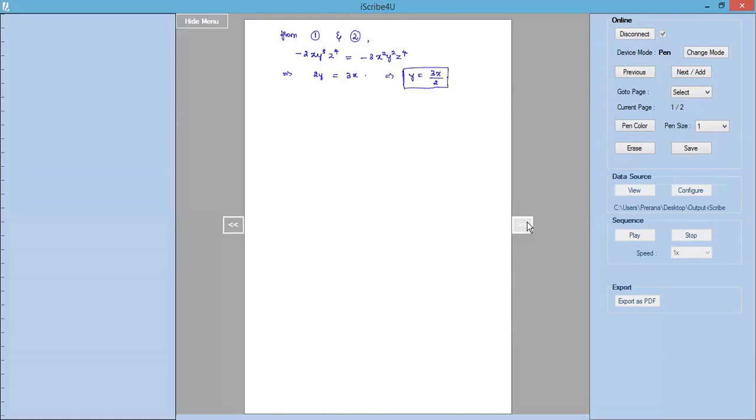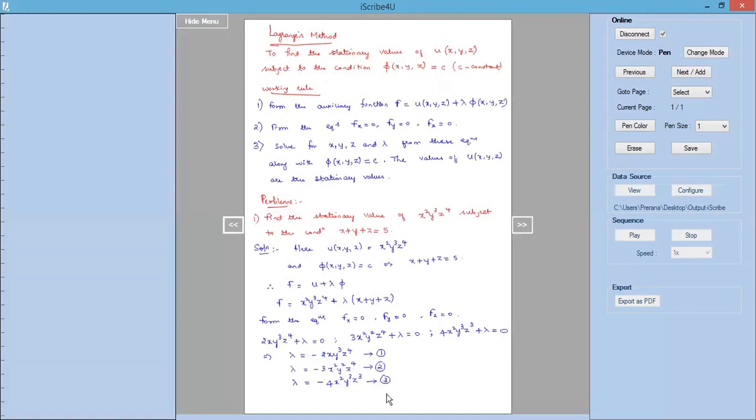So from the pair 1 and 2, I am able to obtain y as a function of x. In the same manner, I'll consider another pair, that is from equations 2 and 3. From equations 2 and 3, I'm equating the lambda.